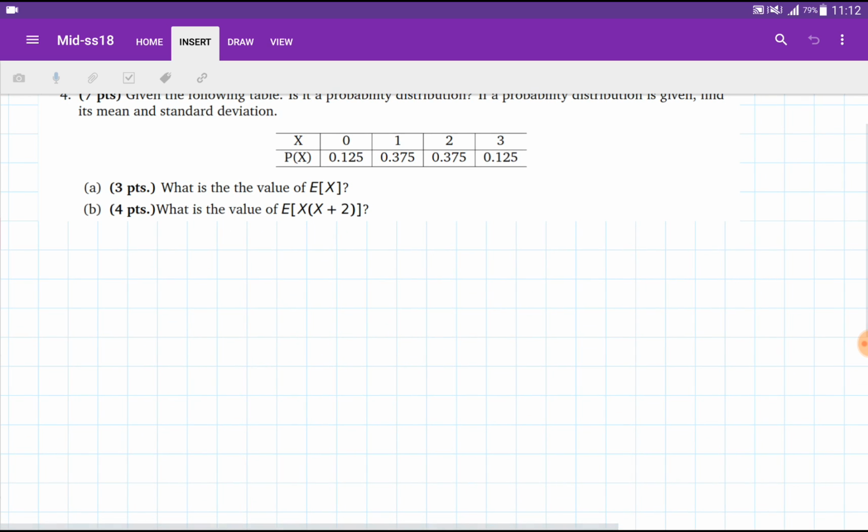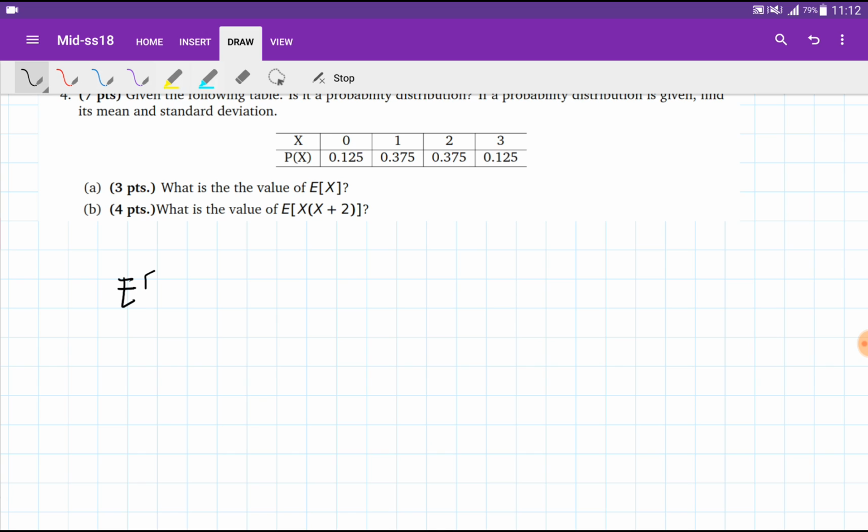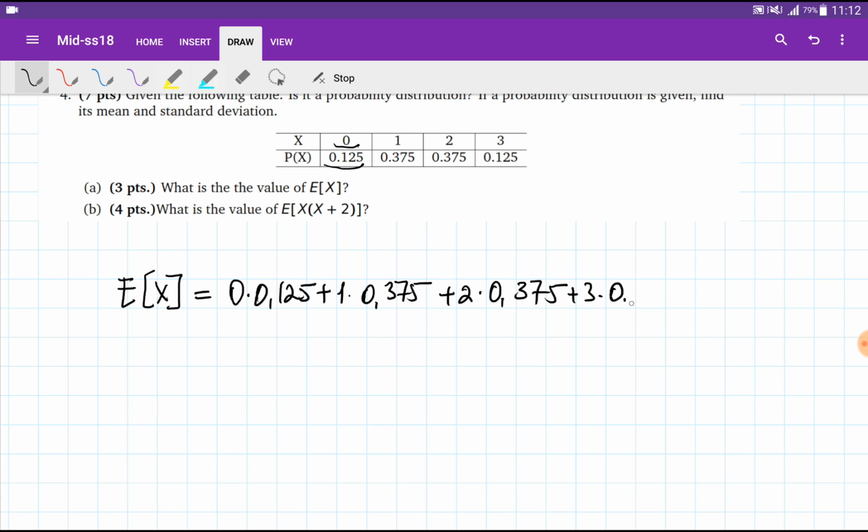In this problem, we need to evaluate the expected value of x, which is pretty much straightforward. We need to multiply each output by its corresponding probability and sum this at the end. So 0 multiplied by 0.125 plus 1 multiplied by 0.375 plus 2 multiplied by 0.375 plus 3 multiplied by 0.125. Right?